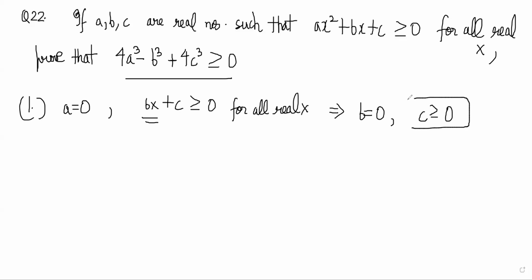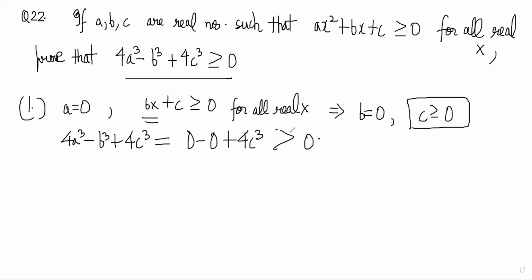Then 4a cube minus b cube plus 4c cube is equal to 0 minus 0 plus 4c cube, which is greater than or equal to 0, since c is greater than or equal to 0. So the case where a is 0 is pretty trivial. Here both a and b become 0 and c must be greater than or equal to 0.